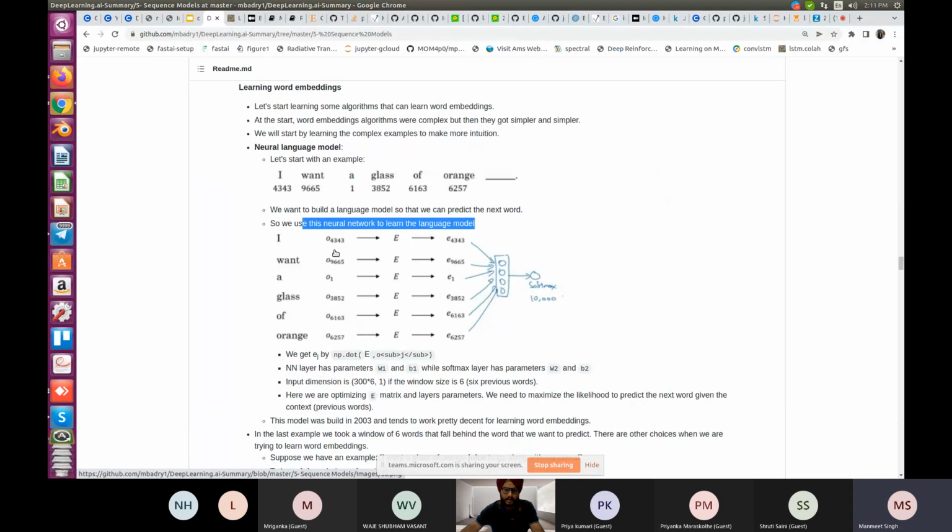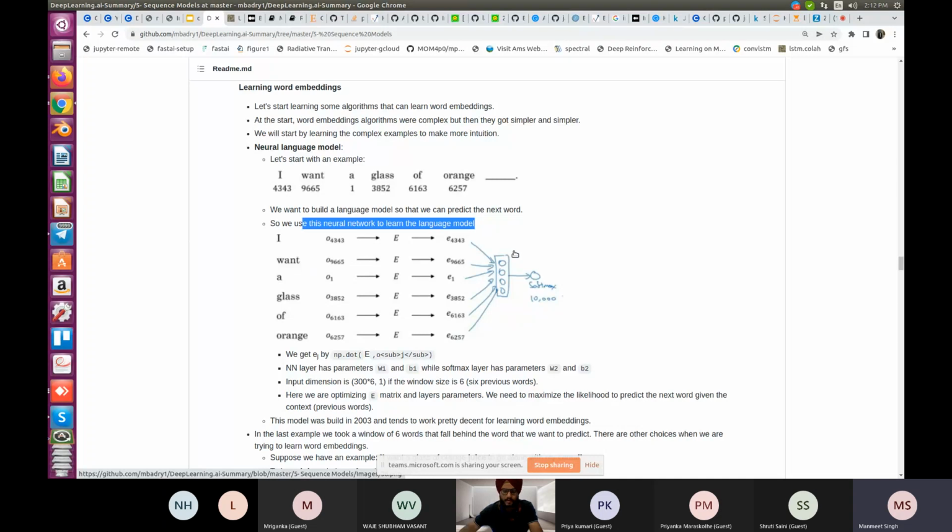These are the one hot encodings. O represents the one hot encodings, and E represents the embedding matrix. The dot product of O with E gives you the word embedding corresponding to that particular word. Then you perform a linear combination and a non-linear activation to have a softmax layer of size 10,000.